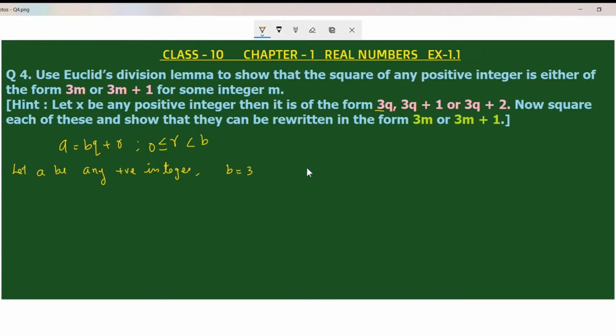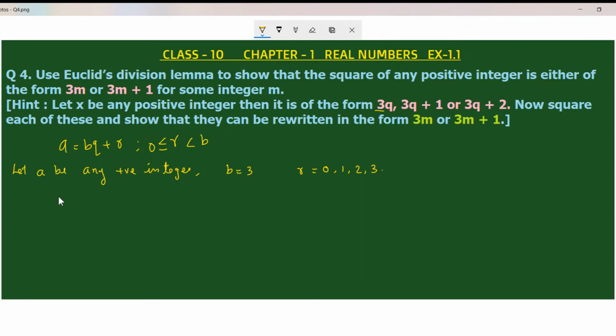If b is 3, then what is the r value? We know r should be greater than or equal to 0 and less than b. If b is 3, then r values are 0, 1, 2. Got it? So what is our equation? We have already assumed a is any positive integer.